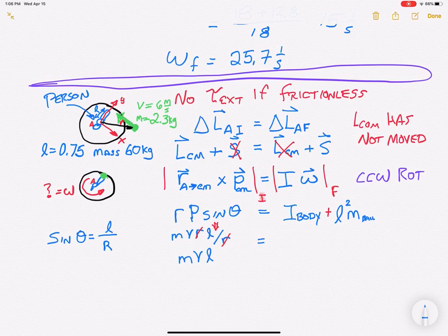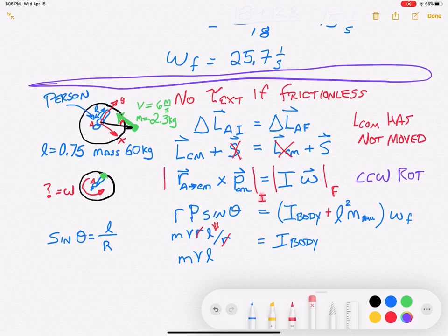Okay, so we wind up with I of the body, and we want that to be omega final. And let's just assume that the I of the body behaves like a solid disk.